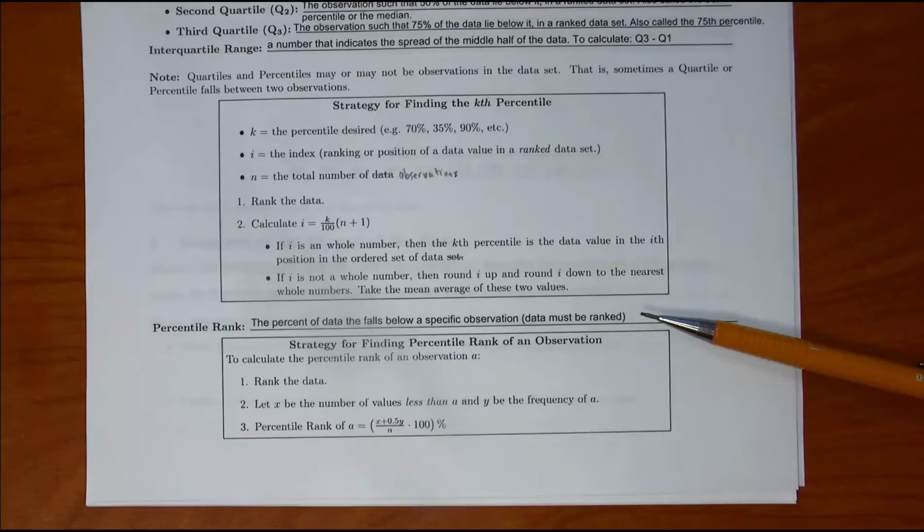If there's 2 of them, it'll have a frequency of 2, 3, whatever, etc. So you first calculate the number of observations less than the given observation, then the number of times the observation was repeated, and then plug into the formula: X plus 0.5Y divided by n, where n is the total number of observations, like always, then multiply by 100, and there's your answer.